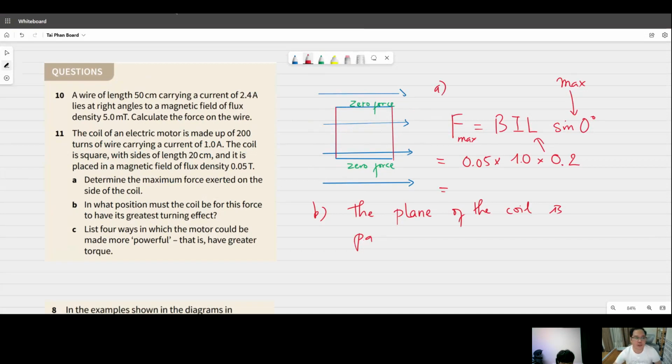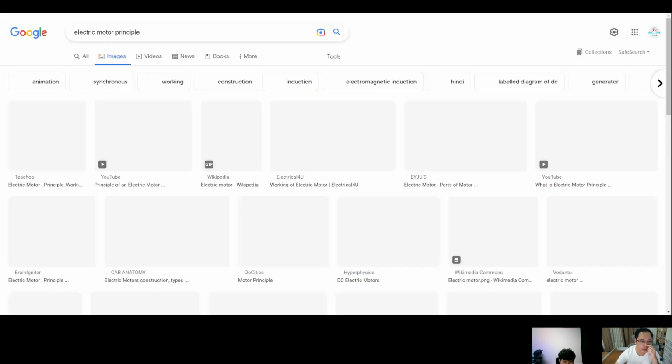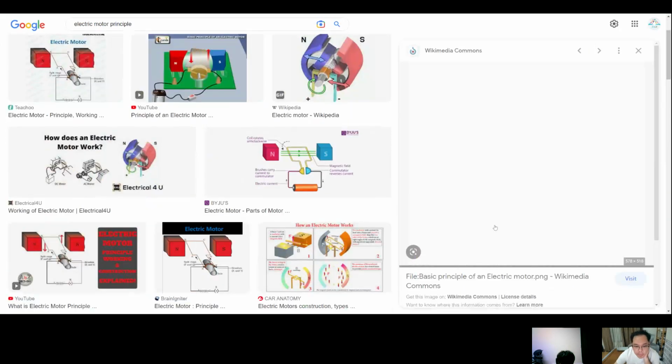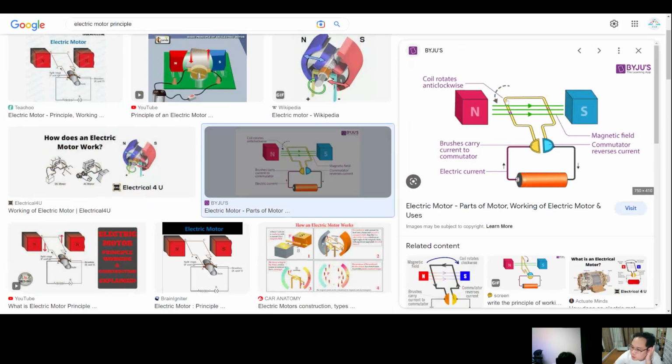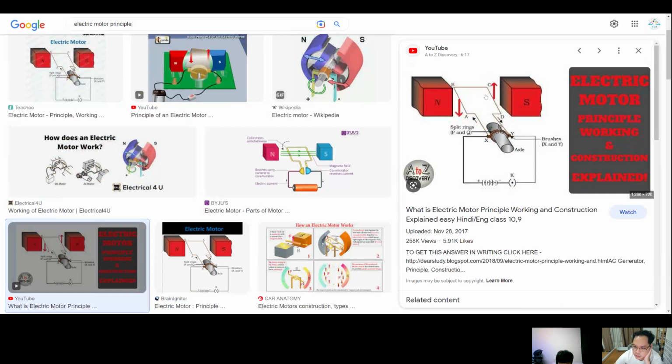Let me find a different picture of the electric motor principle. Yeah, like this. There's a field with the frame, the coil. The two sides on the left and right experience two forces, upward and downward, creating a torque. So in this diagram, the plane of the coil is parallel to the field.